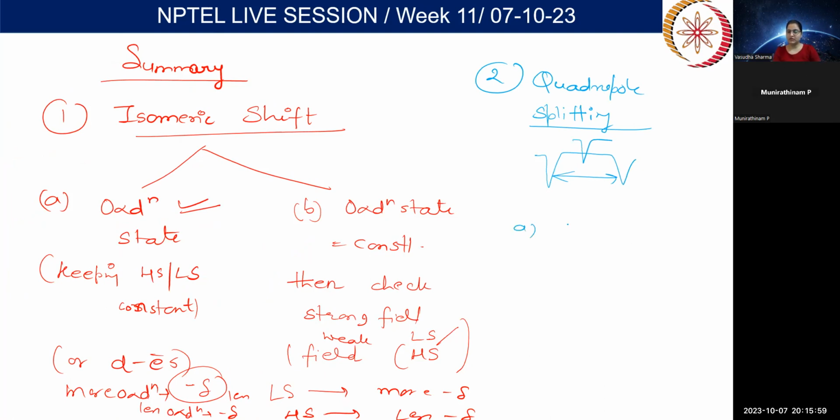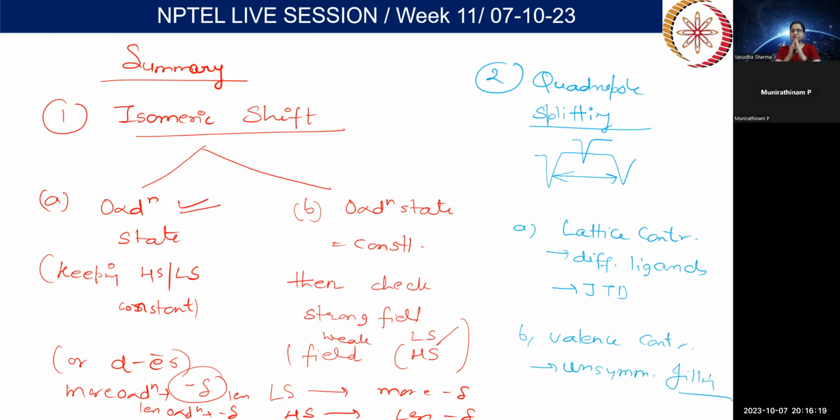That depends upon the lattice contribution, which comes from different ligands or Jahn-Teller distortion, and the valence contribution, which comes from unsymmetrical filling of the electrons. You have to keep these factors separate when talking about the isomer shift and the quadrupole splitting. You cannot mix these factors into the isomer shift, otherwise you will get wrong answers.